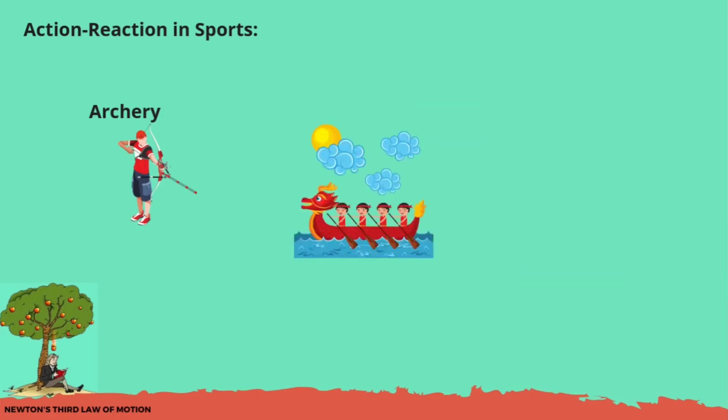Next, we have, are you familiar with this? Okay, dragon boat competition, boat racing. To row a boat, the boatman or the player of the boat racing pushes the water backwards with the help of the oars or the sagwan.